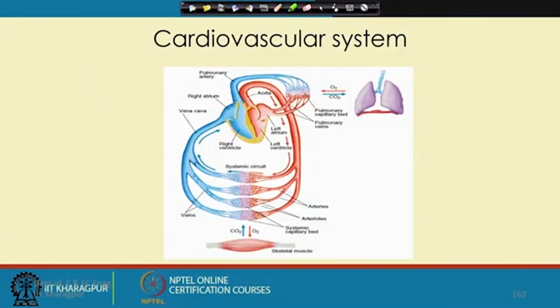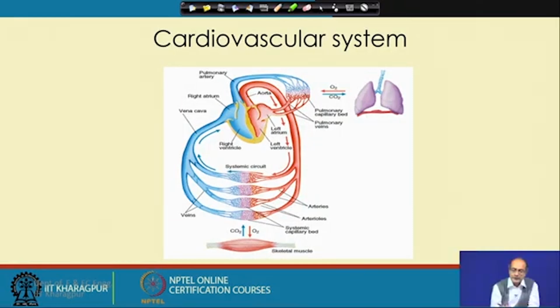Now, we will go through another small part before concluding this session. We have seen the cardiovascular system, and a part of it we told the left ventricle, which is pumping out the blood through the arteries and which reaches throughout the body.